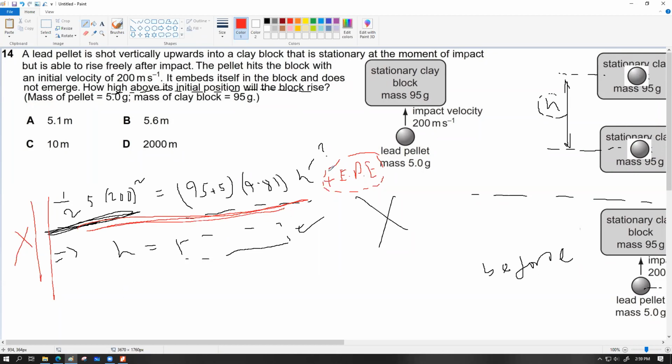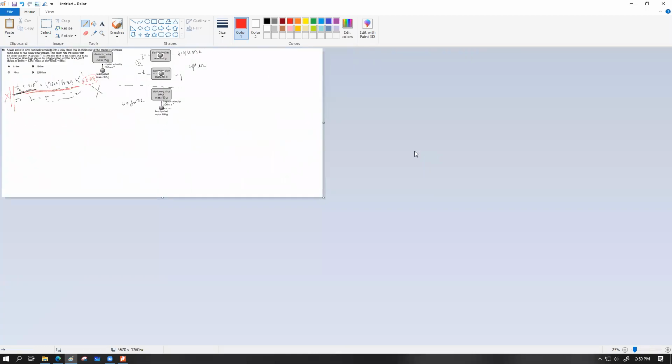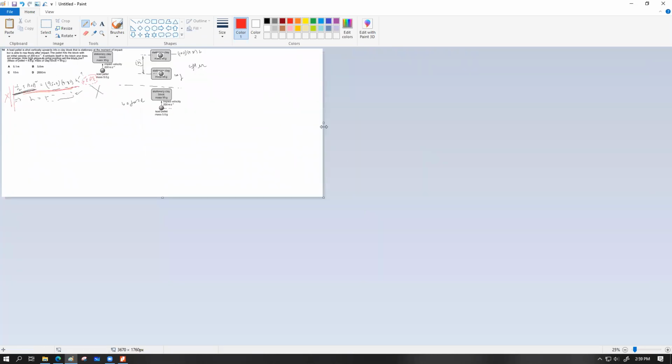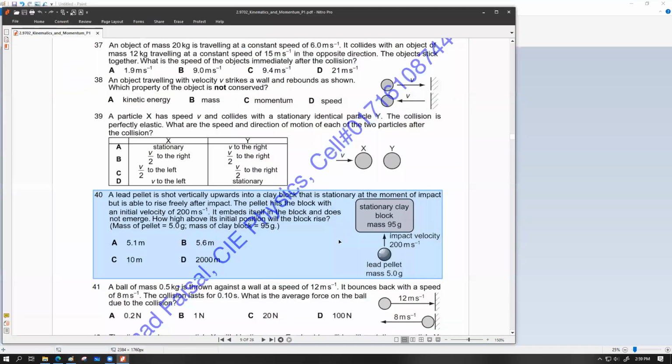The other way we can try to solve this is the basic kinematics procedure, which happens to be pretty simple. You have to judge this situation in two different steps. I'll take my question and start a new solution space.